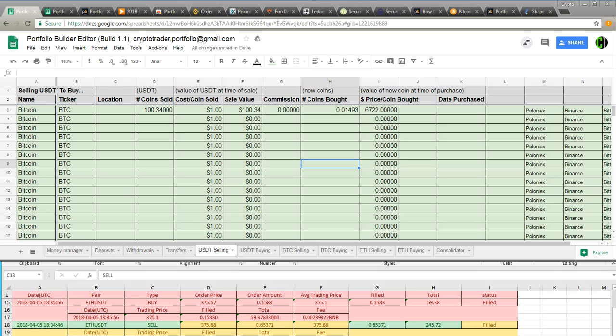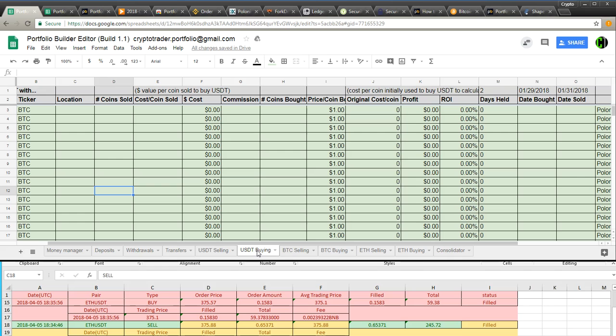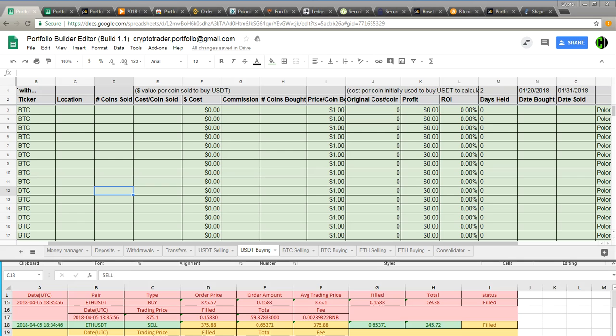So again, we are selling Ethereum to buy USDT. Would it go in the Ethereum Selling tab? No, it would not, because we're buying USDT, and USDT has the hierarchy with the exchange.